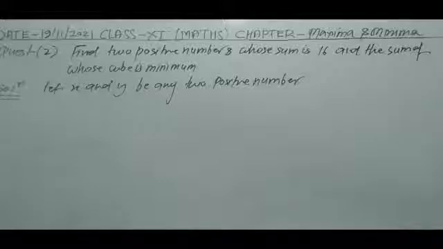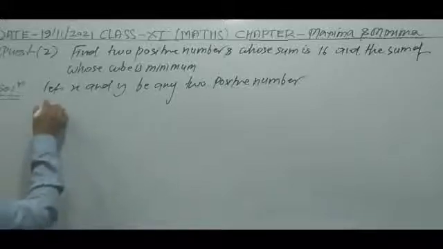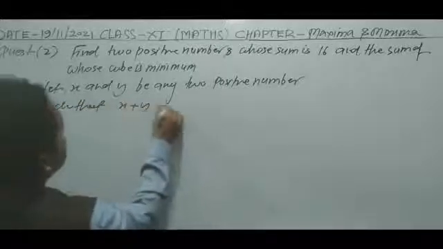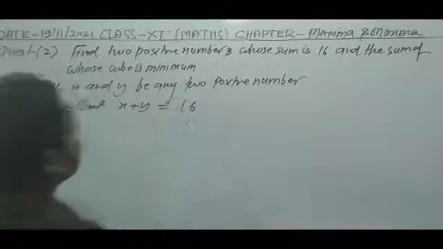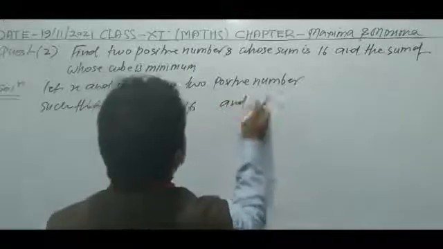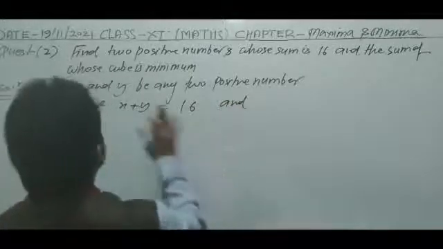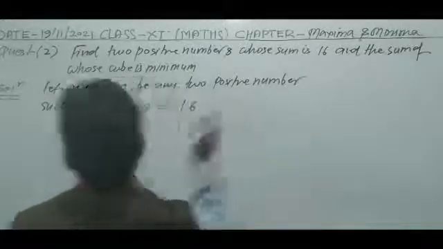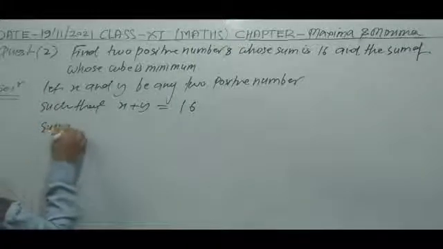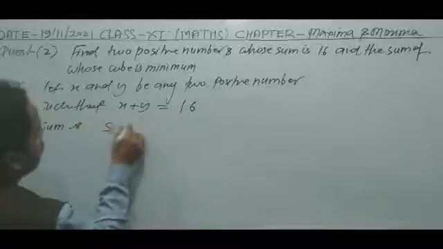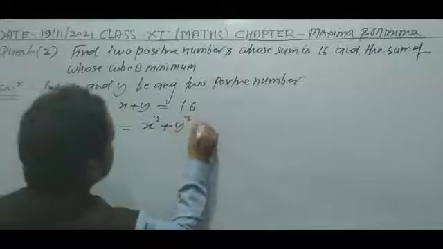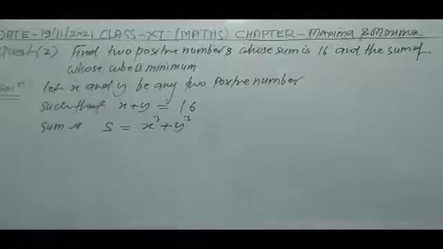So their sum is such that x plus y is equal to 16, and the sum of whose cubes is minimum. Means the sum, suppose S is equal to x cube plus y cube. This is their sum.